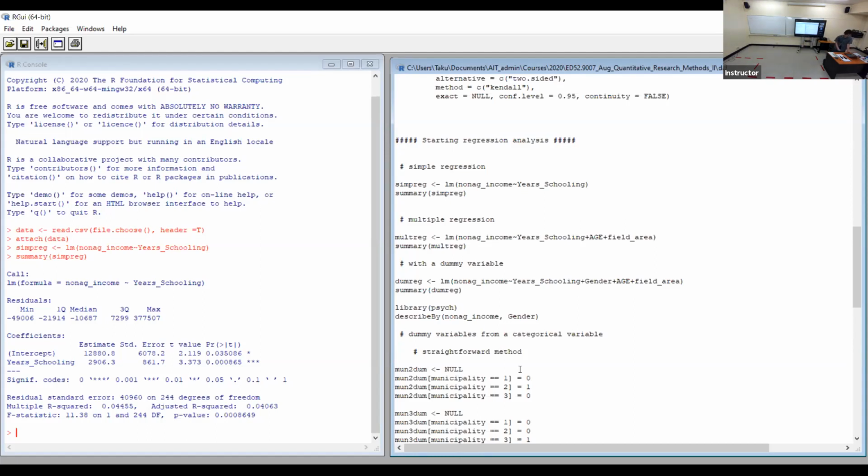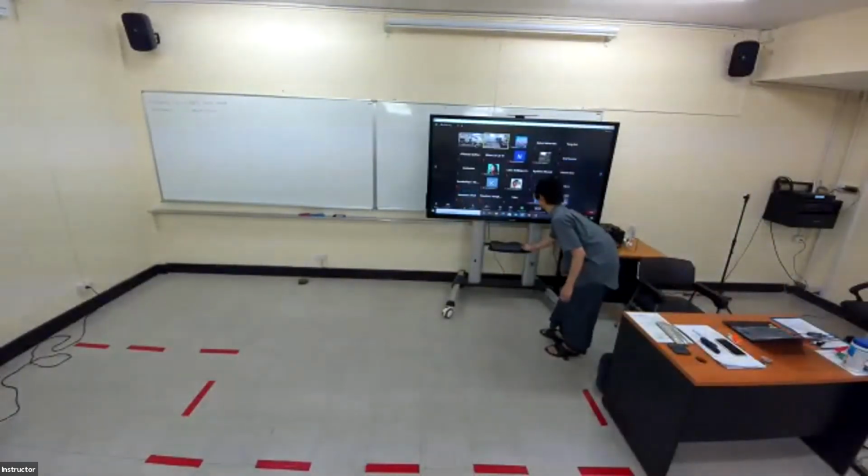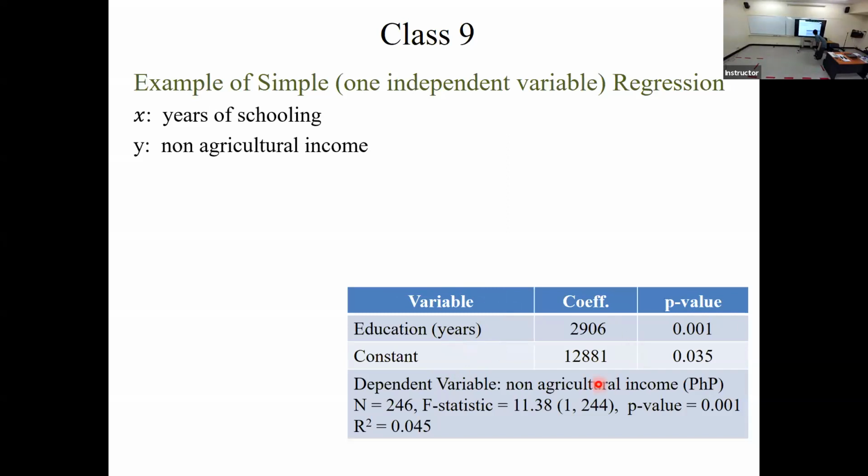So as usual, when you get the result, you present it nicely, in a table looking like this. You do some decoration to make it easy for readers to understand the table.